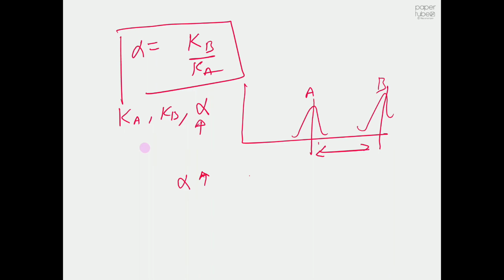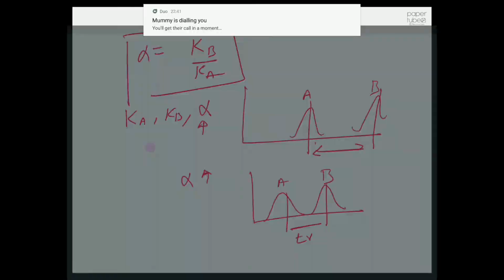And if you have another chromatogram, say this is for A and this is for B, and the difference between the retention times of A and B is less.